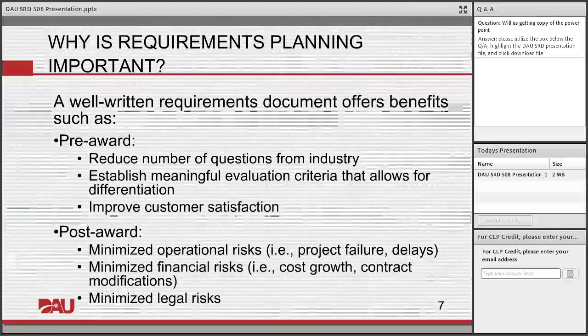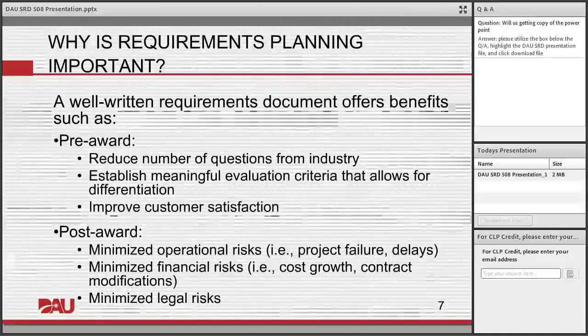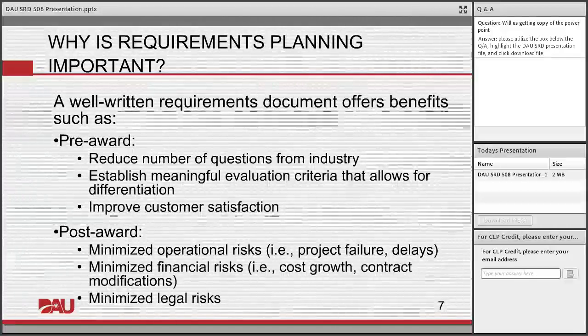And so the more we can do on the left, the more we can do up front, the better satisfied our customer will be. Now take that to the other end of the best value source selection process, where we have already made our decision, awarded our contract, and now we are in the performance management piece of our acquisition cycle. Hopefully, if we did our due diligence and did a good job of developing the requirement, then we will have fewer material changes that will have to be negotiated in.